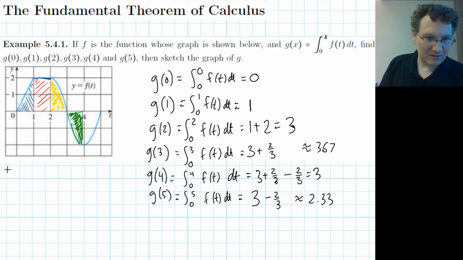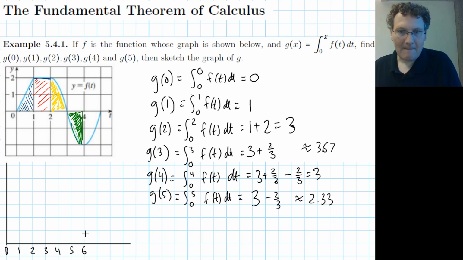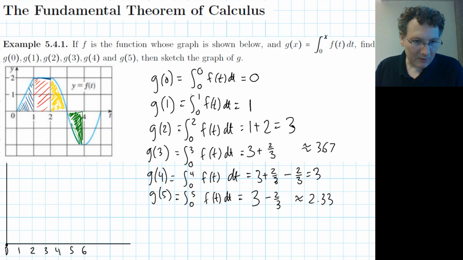If we were to graph this out, let's put a line here: 0, 1, 2, 3, 4, 5. We're not going to go up to 6. I'm going to graph out the points of y equals g of x.